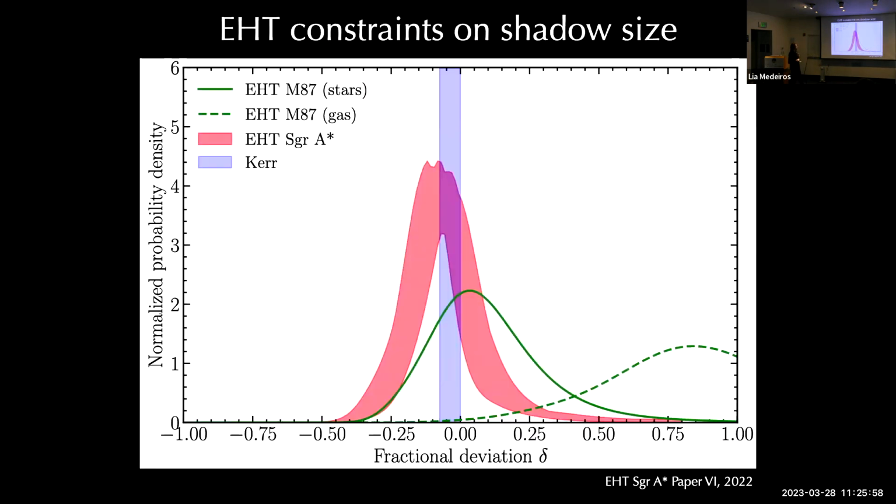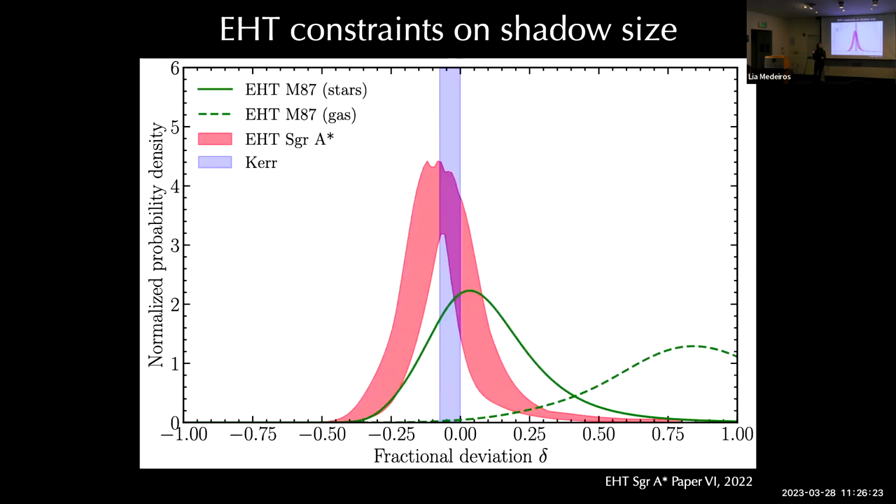And these are the final results that we arrive at for this fractional deviation delta. This is really what we use for our tests of gravity. So the pink shaded region contains all of the different permutations of using the analytic accretion with Kerr or non-Kerr, using the GRMHD, using each of the 3 different imaging algorithms, but also using the different mass over distance measurements as well.